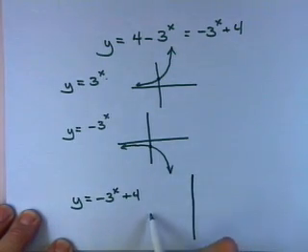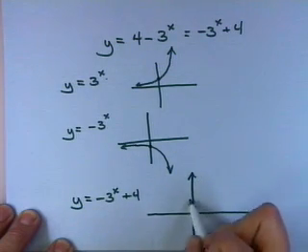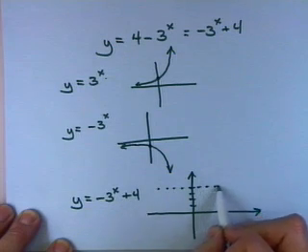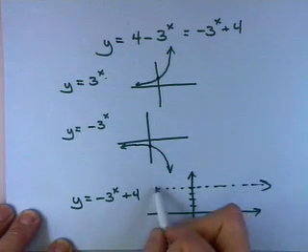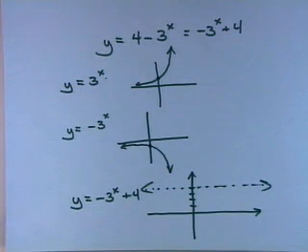So you want to come up with little tricks like that. So there's our horizontal asymptote.